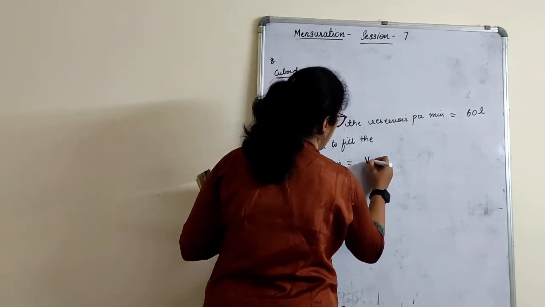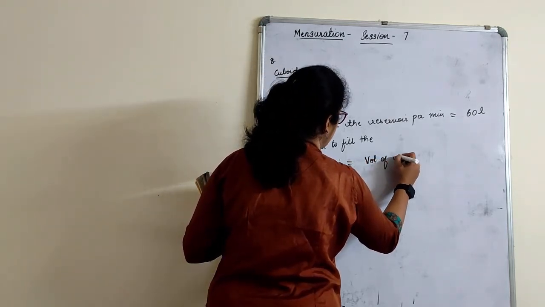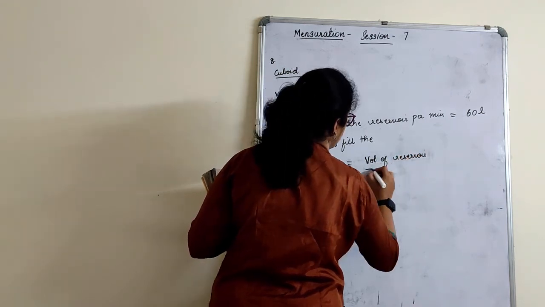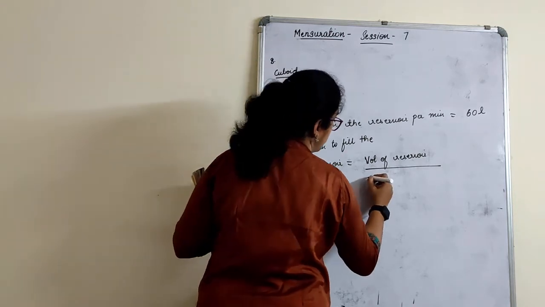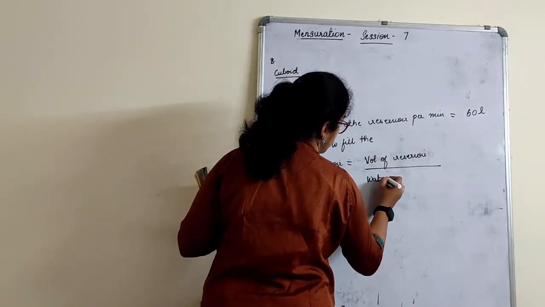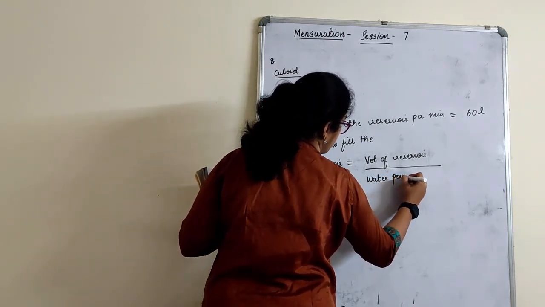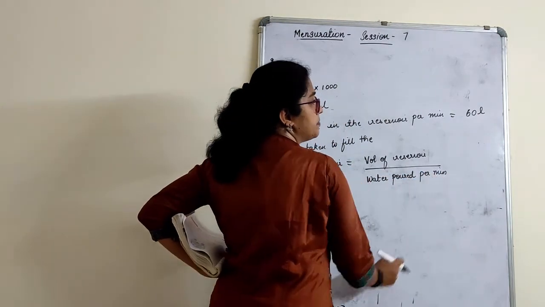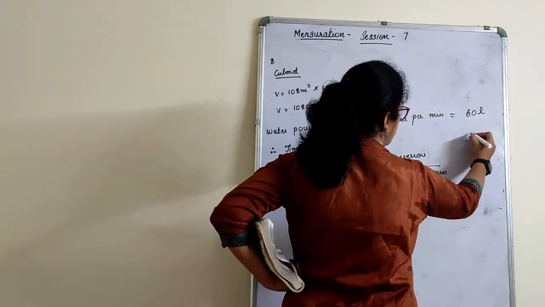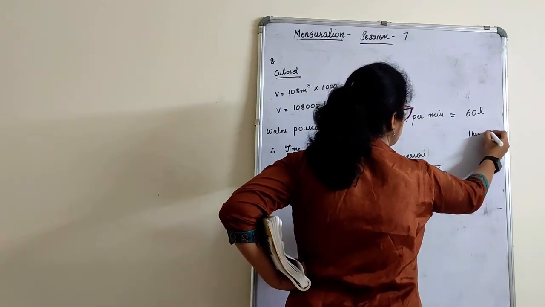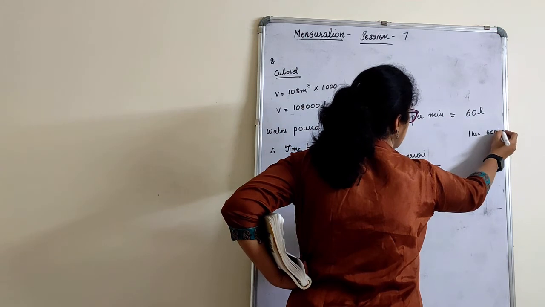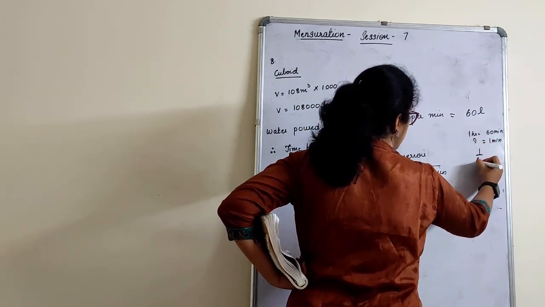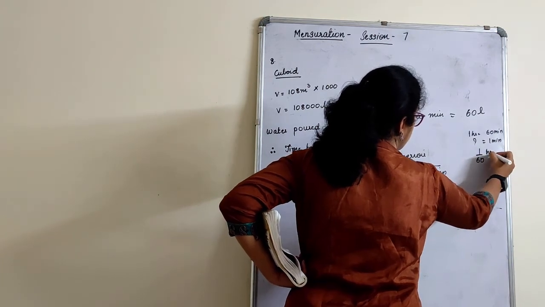So I can say volume of reservoir divided by water poured per minute. Okay. Now since it is per minute, children, what I will do here is 1 hour is equal to 60 minutes. 1 minute is equal to how many hours? So it is 1 by 60 hours.